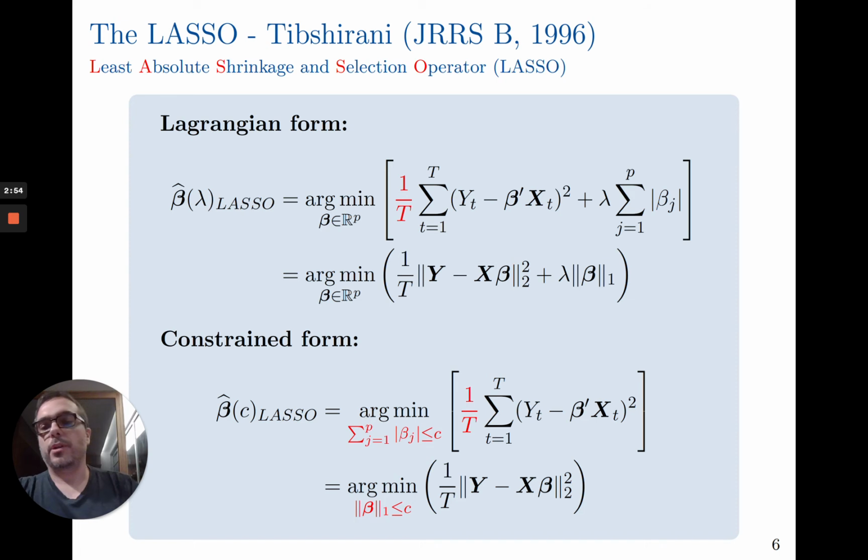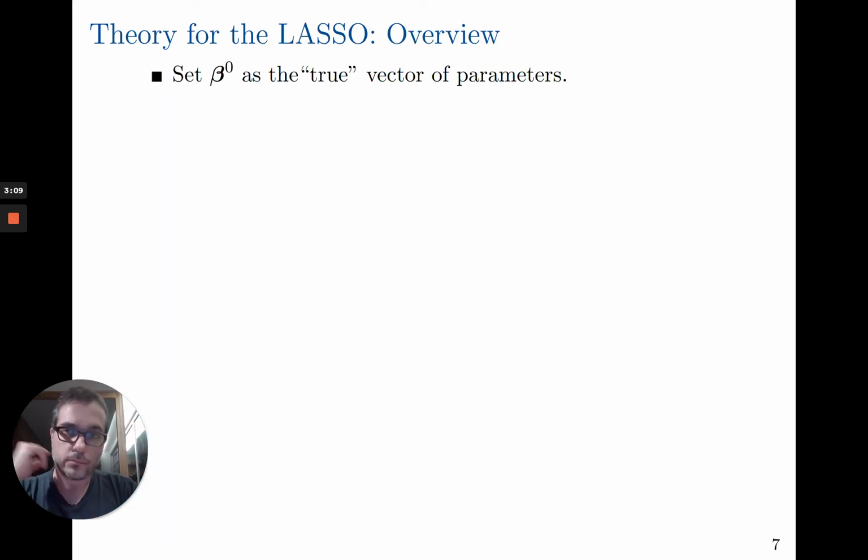The Lasso program can be written in two different forms. We have already seen that in terms of the Lagrangian or penalized form, or the constrained form. And as I mentioned before, these two forms are equivalent. So we assume that beta naught is the true vector of parameters.